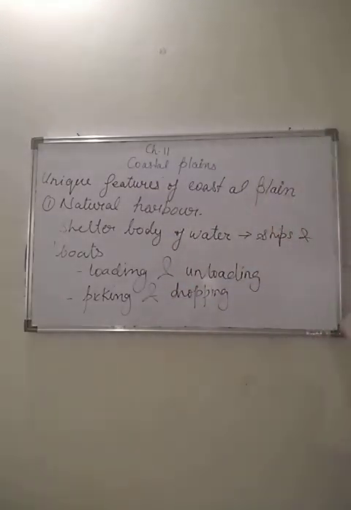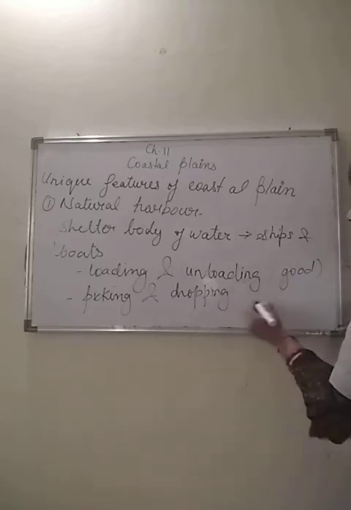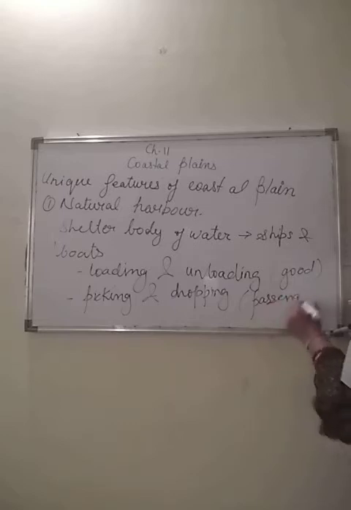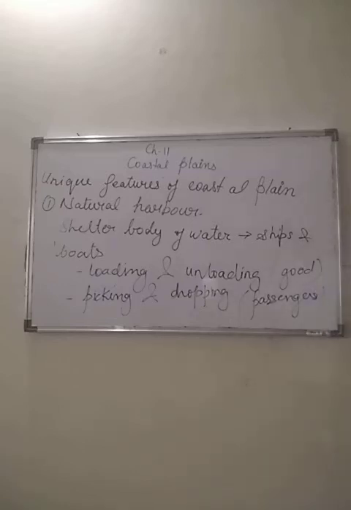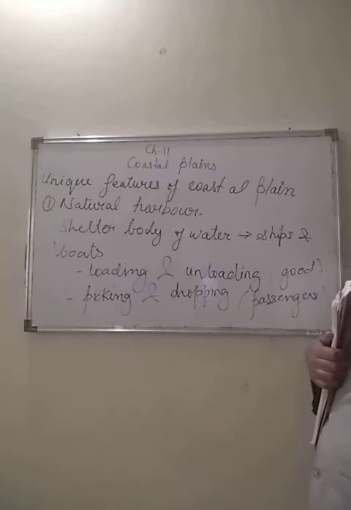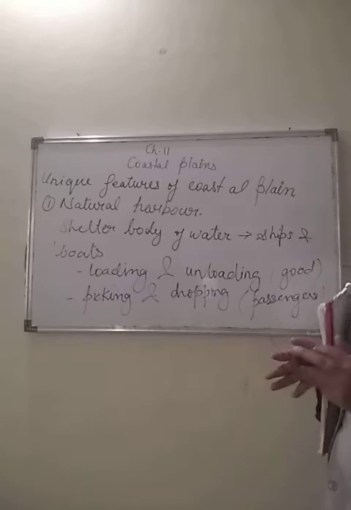When we are talking about loading and unloading, it is for goods, and when we are talking about picking and dropping, it is about passengers. Here we can see two types of harbour. One could be man-made, and the other could be a natural harbour. So the unique feature of coastal plain is that there is the natural harbour present in the coastal plain.